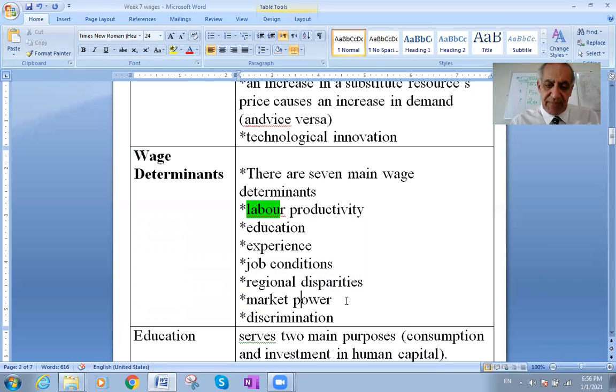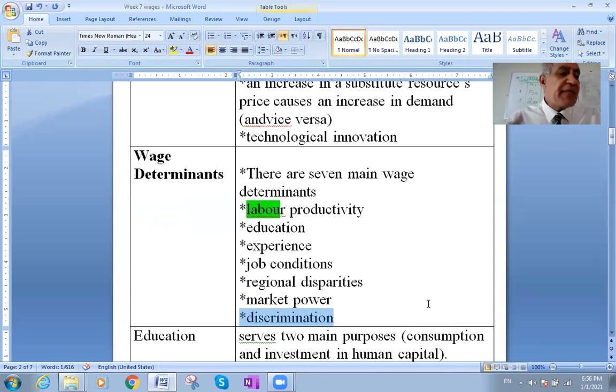And market power: in whose hands is it, and who will decide the prices, the wages, and the pay. And whether there is discrimination or not. By discrimination we mean that you differentiate in the wages of the same people doing the same job.